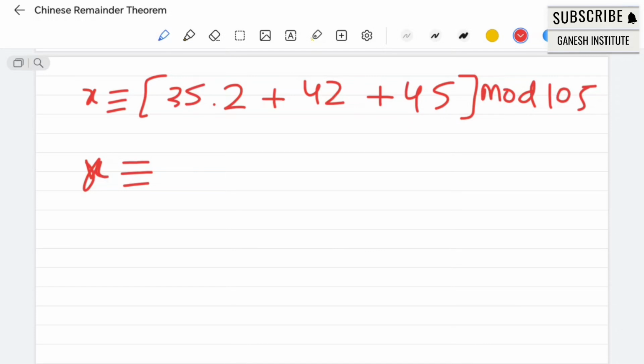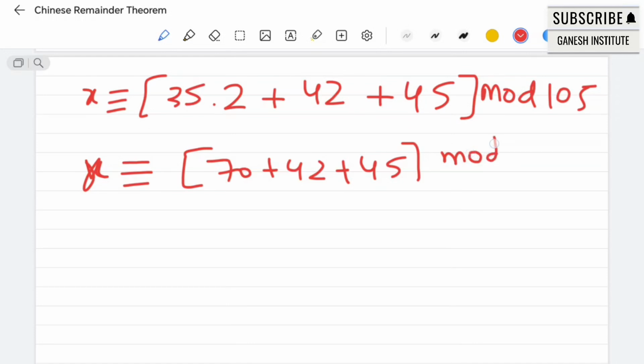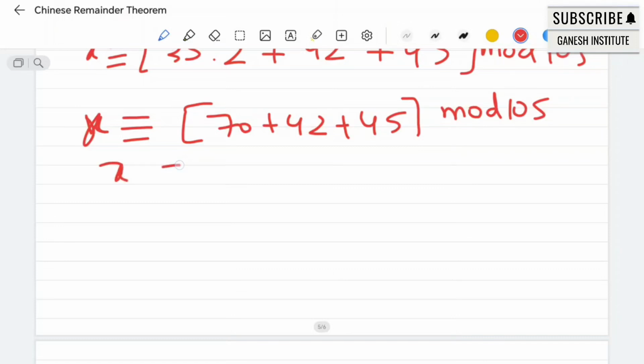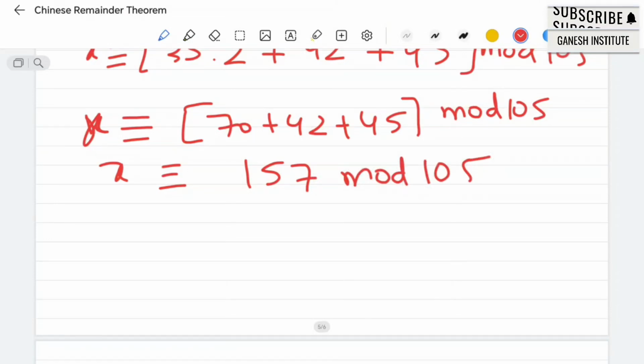So this becomes 35 twos are 70, plus 42, plus 45, modulo 105. That means it becomes 70 plus 42 is 112, plus 45 is 157 modulo 105. Now how do we have to solve it?